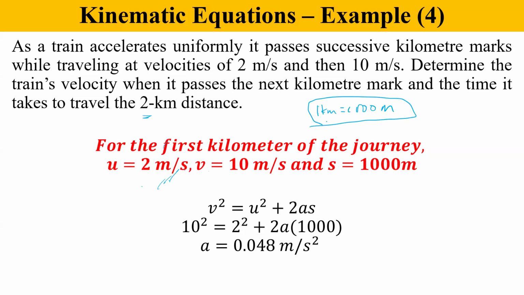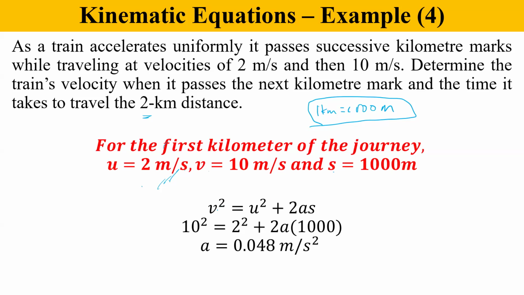So if it's 2 of them, it would mean that for every 2 gaps, it will be a total distance of 2,000 meters. But between the initial one and the final velocity, it's only covering 1,000 meters for that point.